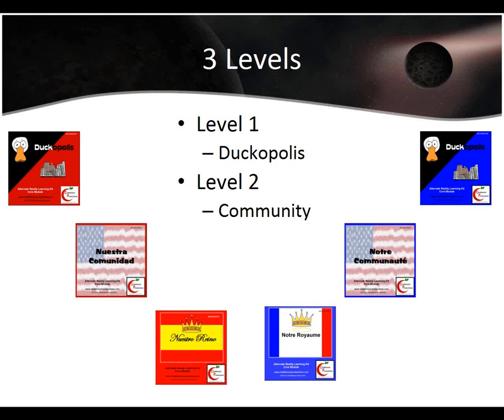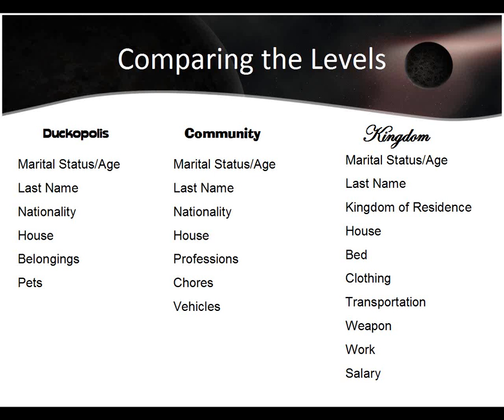Again, it can be used in any level, but most of the vocabulary that will be used in it will be for level 2 students. Level 3 is Kingdom, because a lot of level 3 and 4 activities are going to be revolving around historical information, and so that's what these two, their major focus is.